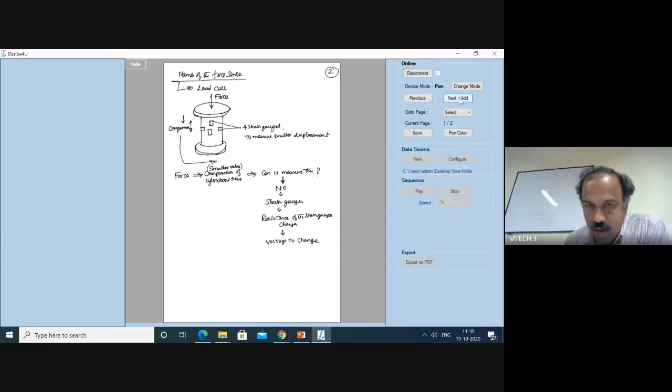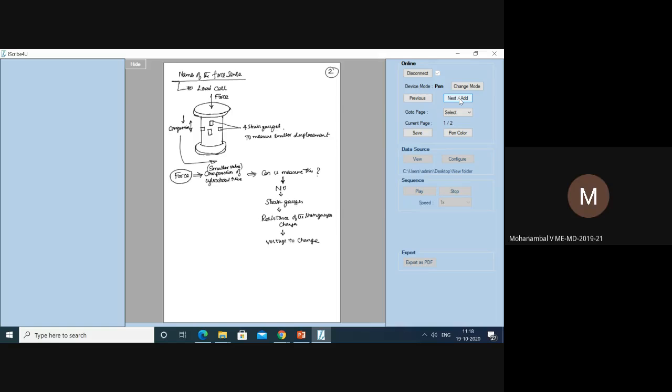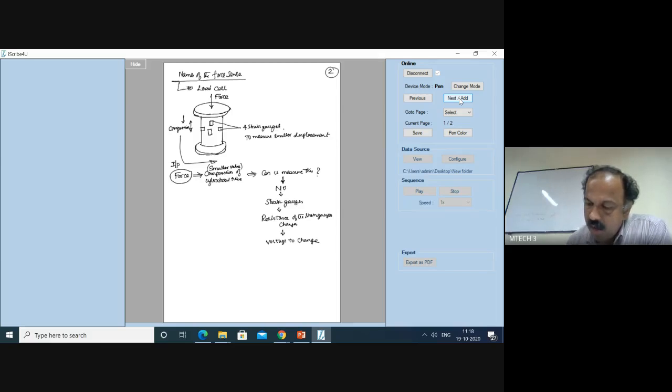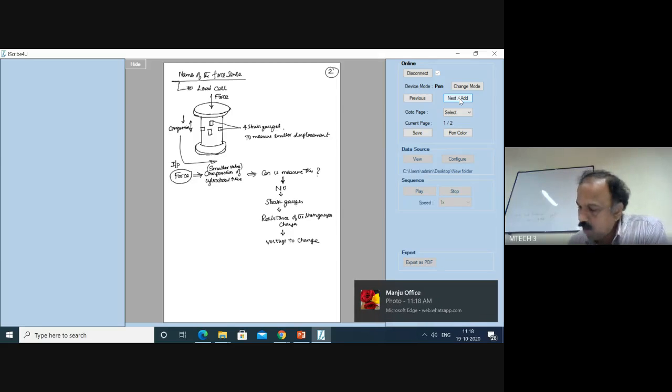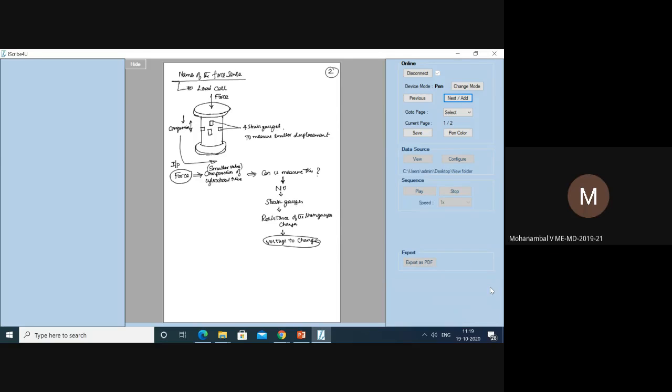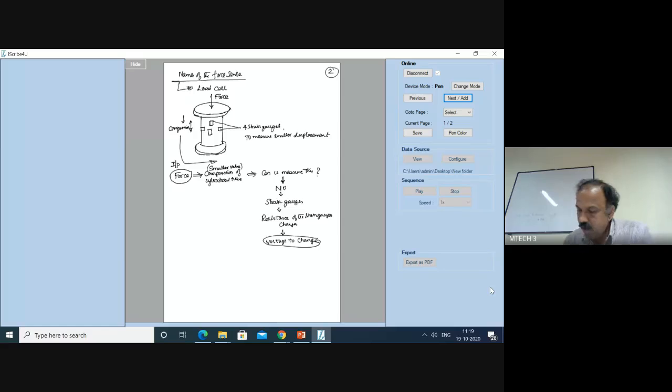What is your input value? The input value is the force. What is the output? The output is the voltage.